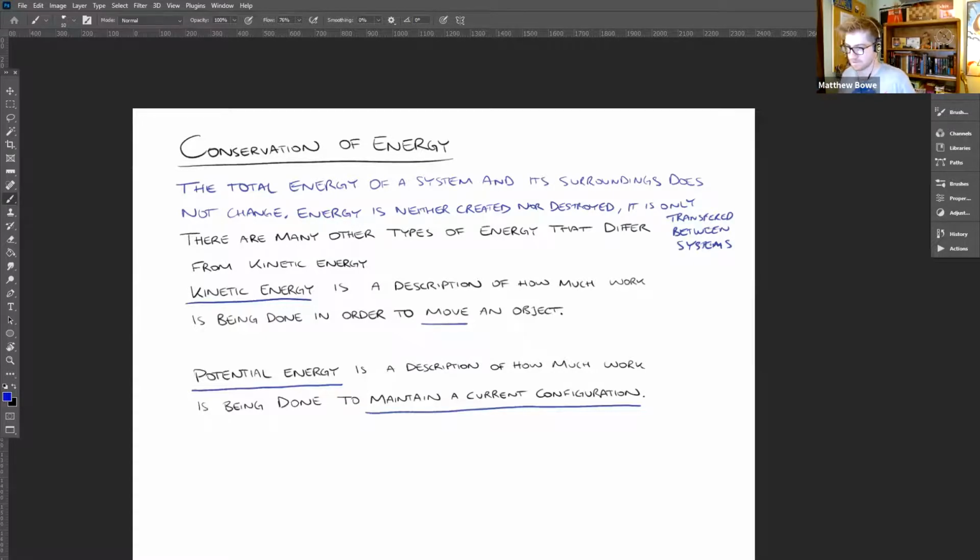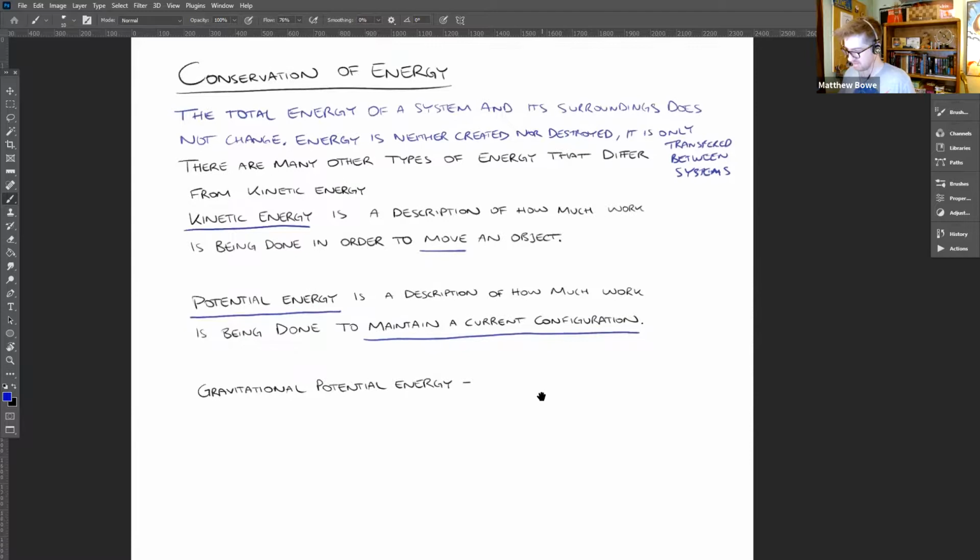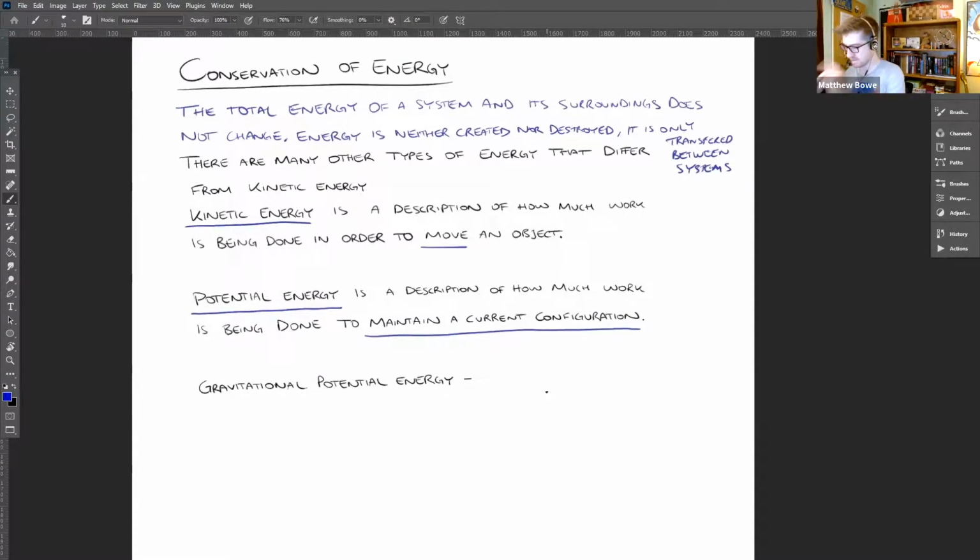Well, there are two types that we're going to cover, at least today. There is gravitational potential energy, the one we'll probably deal with the most in this class. I'll just bring up the second one also. There's also elastic potential energy.